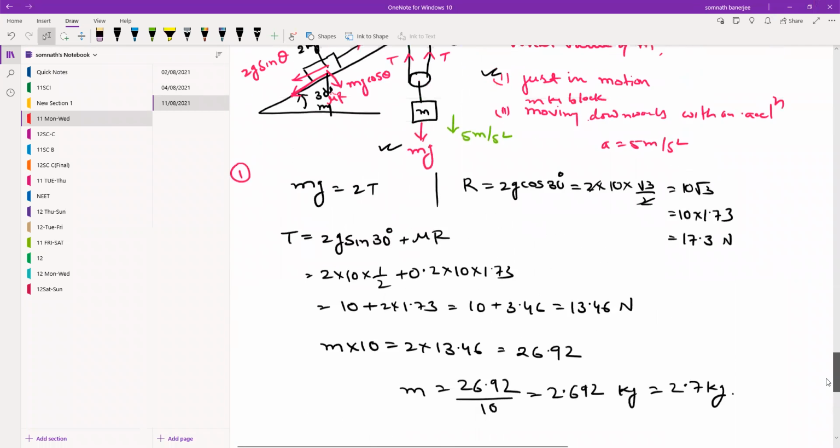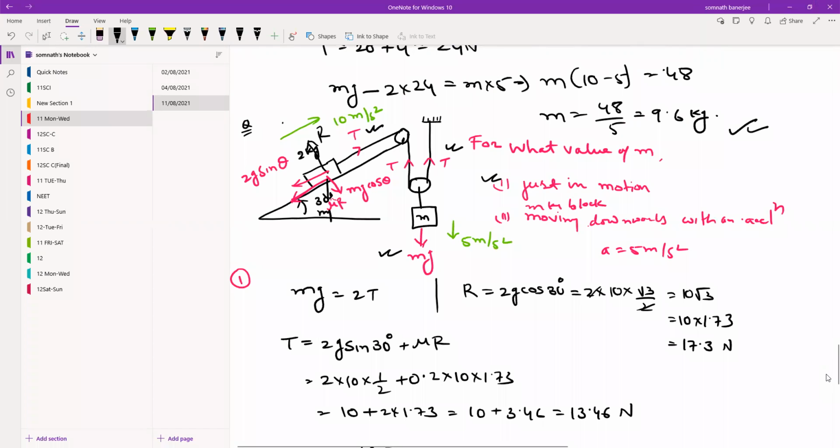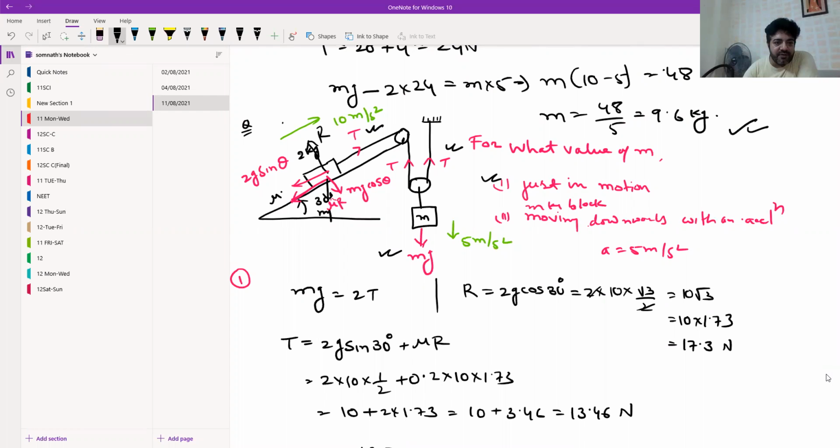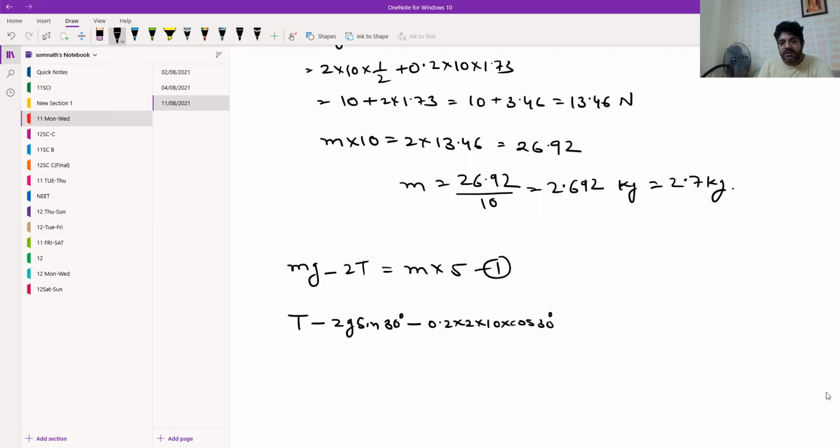Yes, sir. And the second equation is, see, here you have T, here you have 2g sine theta, here you have mu R. So this T minus 2g sine theta minus mu R equals mass into acceleration. And acceleration is 10. So for the second equation, T minus 2g sine 30 degrees minus mu R, that is 0.2 into 2 into 10 into cos 30 degrees, equals mass into acceleration.